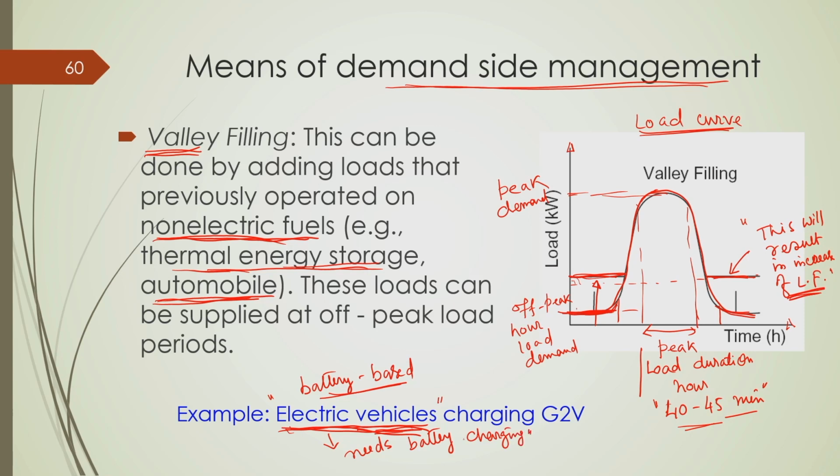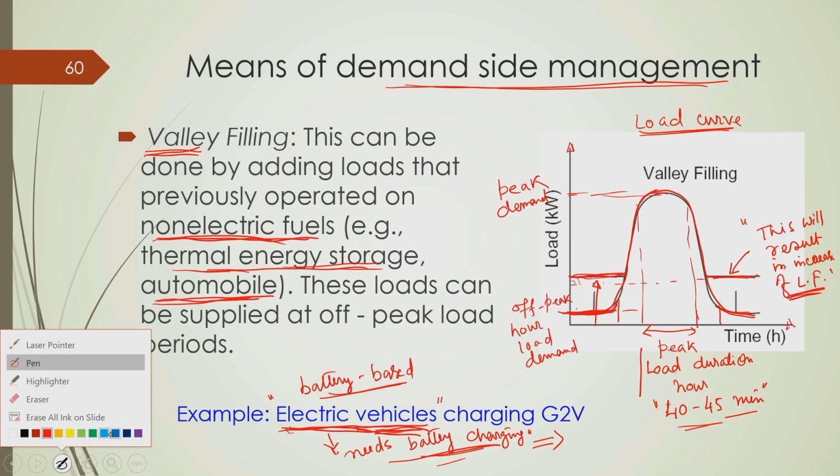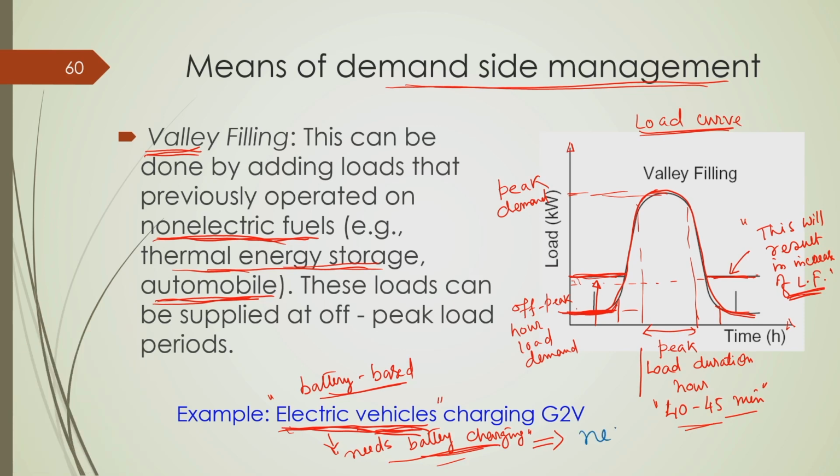So, when they need battery charging, this will come as a new type of load. And the question is, how can you charge this battery, when you will charge this battery, based upon that the load demand for this battery charging will vary.